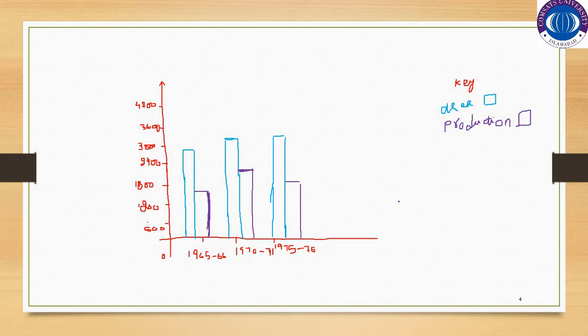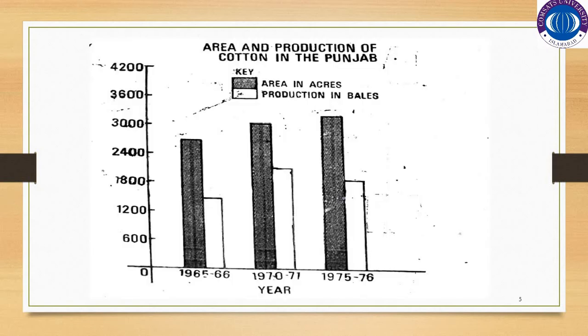You can have more than two characteristics as well. If there is a third characteristic, you will construct a third bar here corresponding to each year. If you want to see a clearer diagram of the multiple bar chart for this example, this is a neater picture as it is copied from the book.